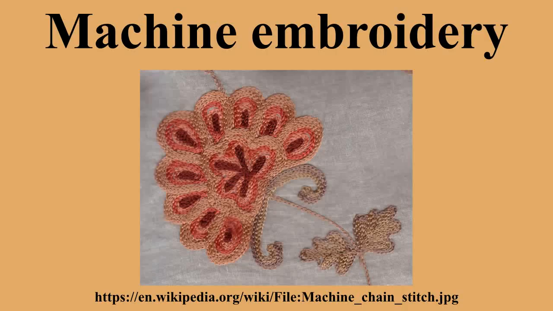Free motion machine embroidery. In free motion machine embroidery, embroidered designs are created by using a basic zigzag sewing machine. As it is used primarily for tailoring, this type of machine lacks the automated features of a specialized machine. To create free motion machine embroidery, the embroiderer runs the machine and skillfully moves tightly hooped fabric under the needle to create a design.